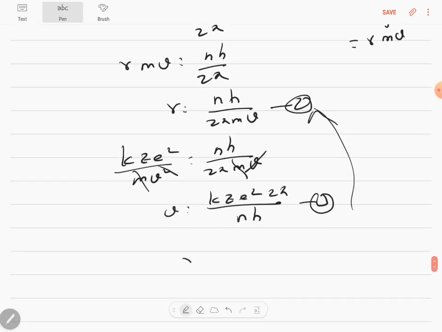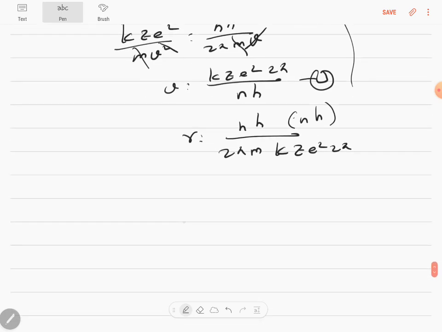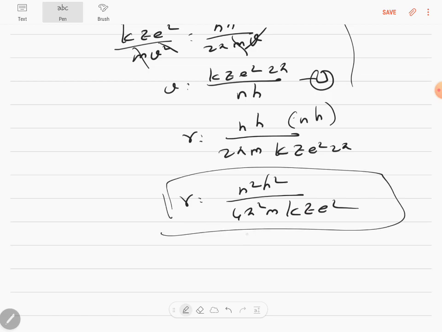So r is equal to nh by 2 pi m v, which becomes, after substituting, n square h square by 4 pi square m k z e square. So this is the formula for r that you get.